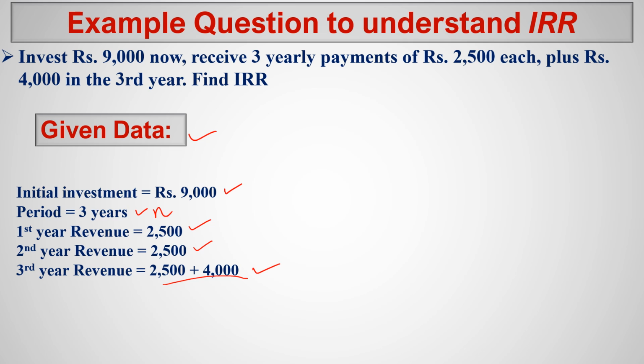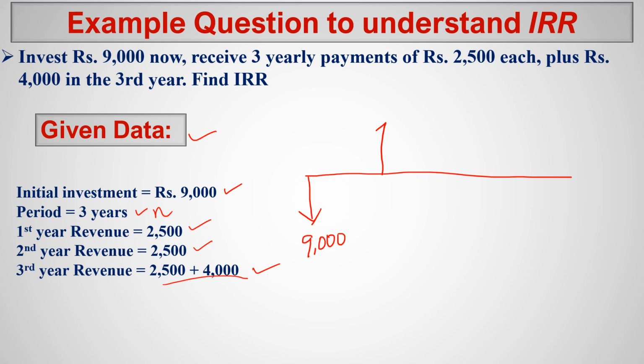Now the second thing is we have to come to the accounting part, that is putting in the cash flow diagram. First, the investment of 9,000 has a down arrow because it's going out of our pocket. What is the revenue?